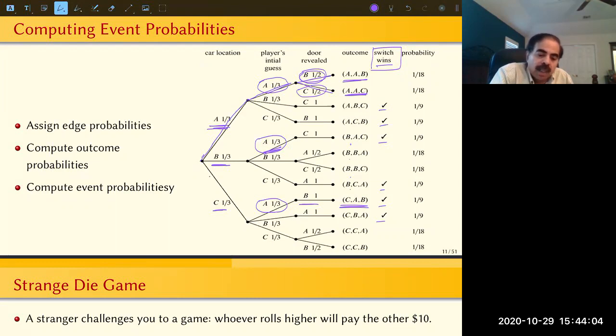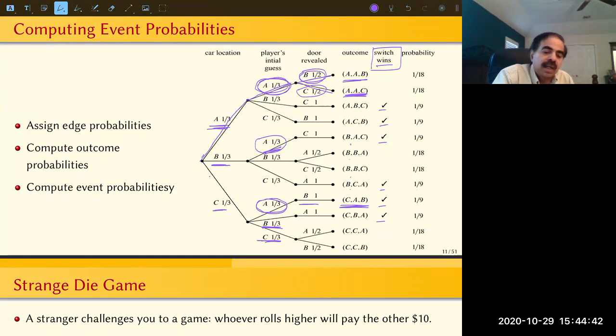Okay, so those are the cases where... notice that these two don't count, because these two do not correspond to the player guessing door A. What we are looking for is a condition where the player picks door A and there is a goat behind door B. That's why we end up with just these three cases.